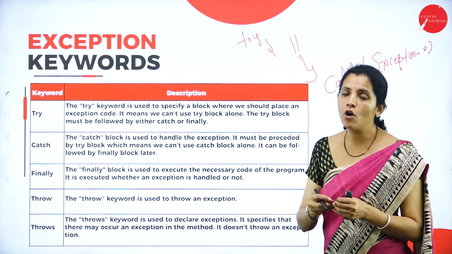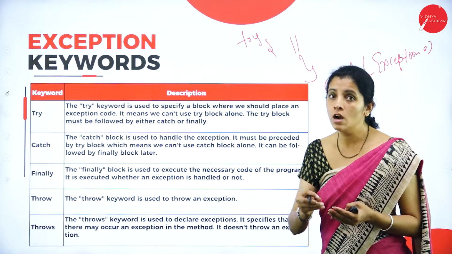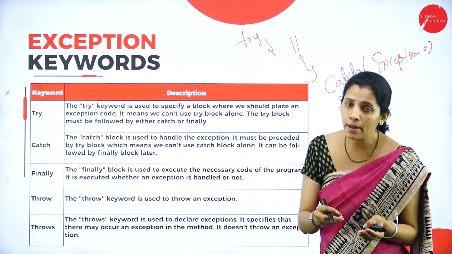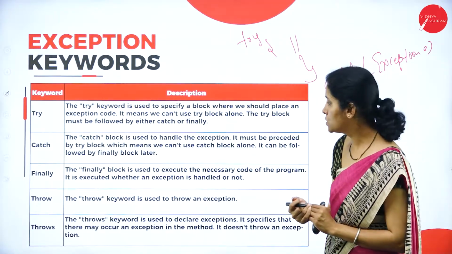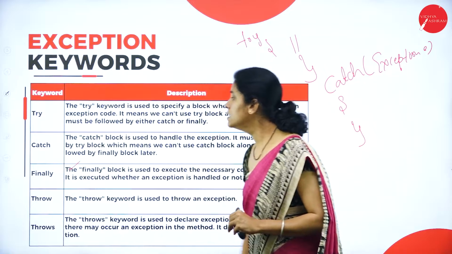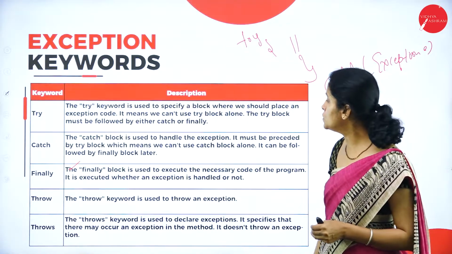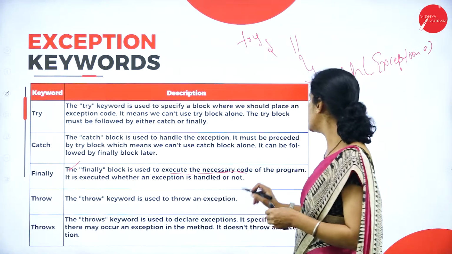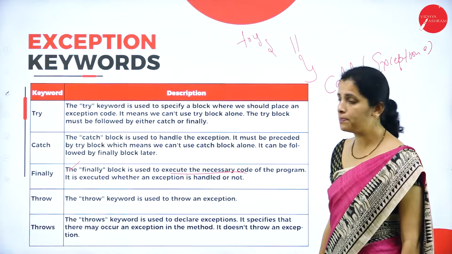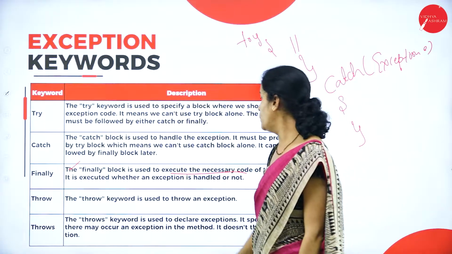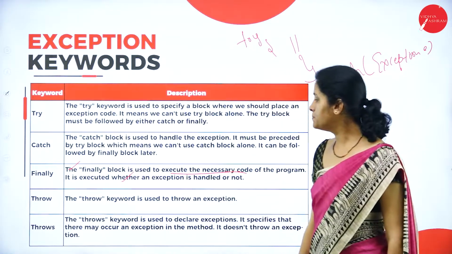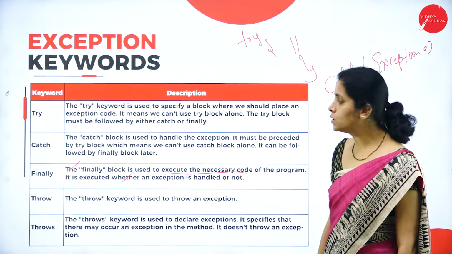I'm going to perform all cleanup procedures. I'm going to deallocate the memory as well as resources. So the finally block is used to execute the necessary code of the program, whether an exception is handled or not.